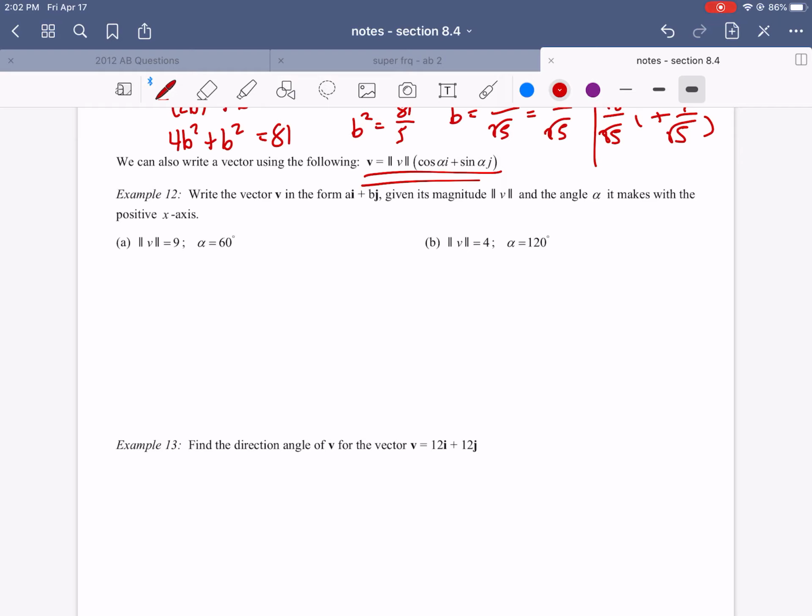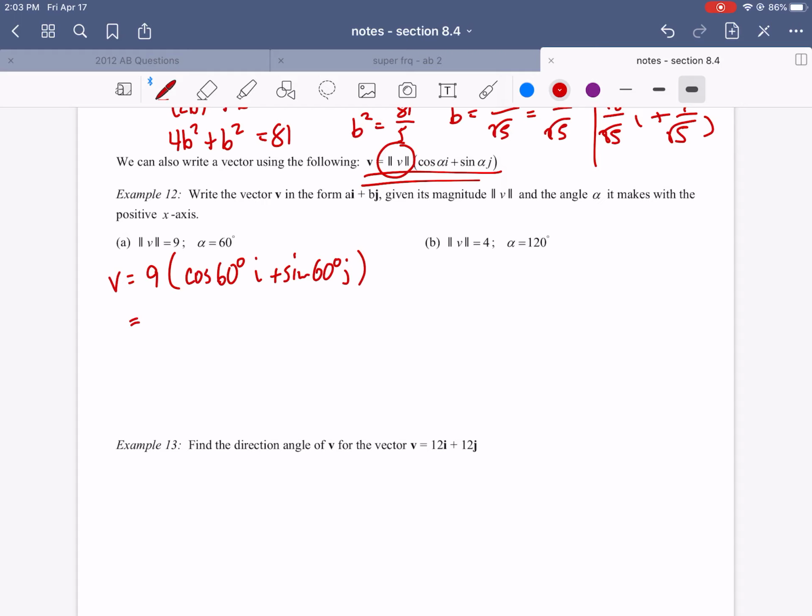So write the vector v in the form ai plus bj, given its magnitude and the angle that it makes with the positive x-axis. Okay, so we're going to say here that v is equal to, starting with the first thing in our formula, the magnitude of v, which they say is equal to 9, multiplied by the cosine of the angle alpha, which is 60 degrees, multiplied by i, plus the sine of the angle alpha, 60 degrees, multiplied by j.